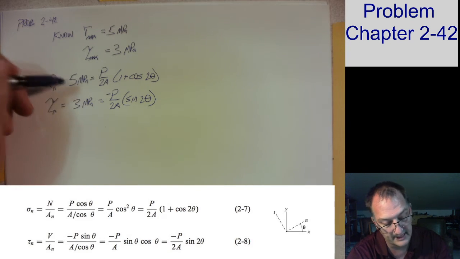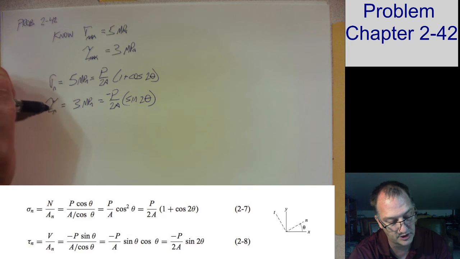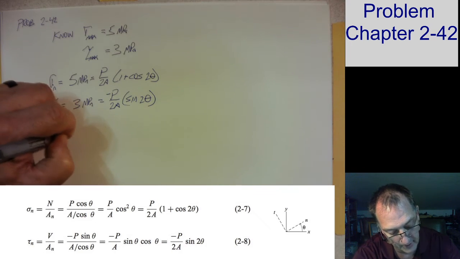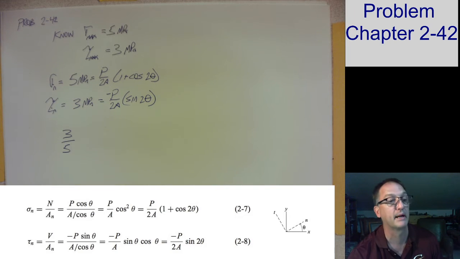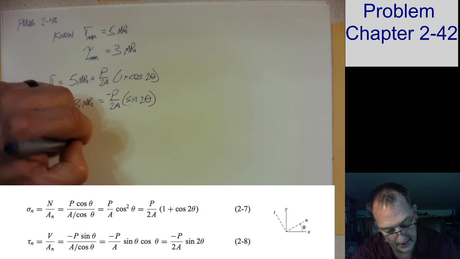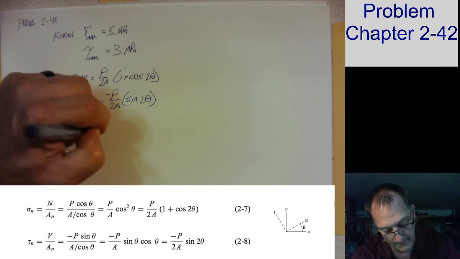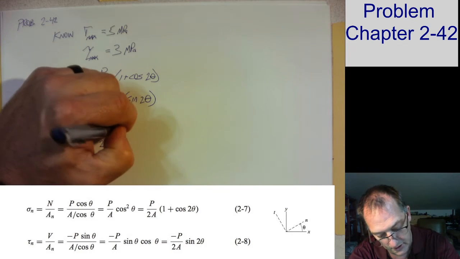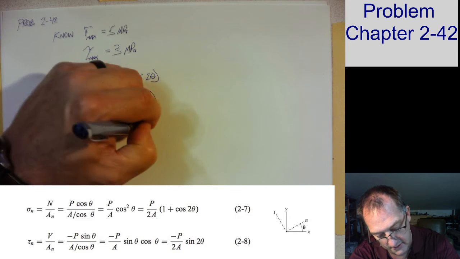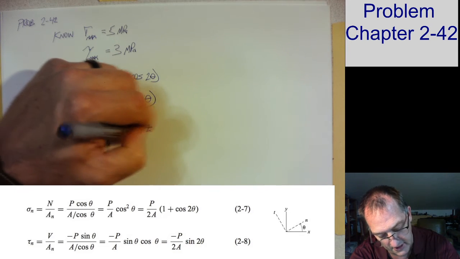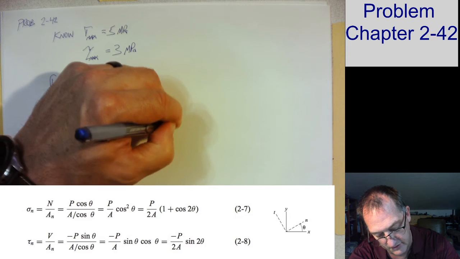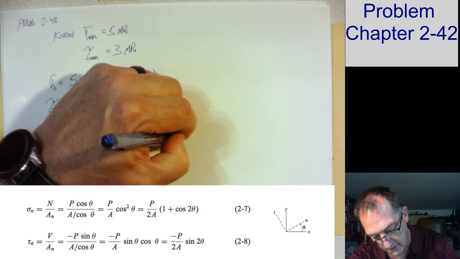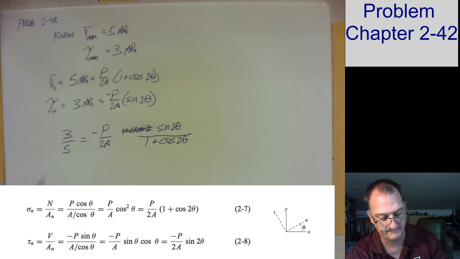What I can do is simply divide my shear equation by my normal stress equation, and I'm going to get 3/5, my megapascals canceled out, is equal to minus P over 2A times sine of 2 theta divided by P over 2A times 1 plus cosine of 2 theta.